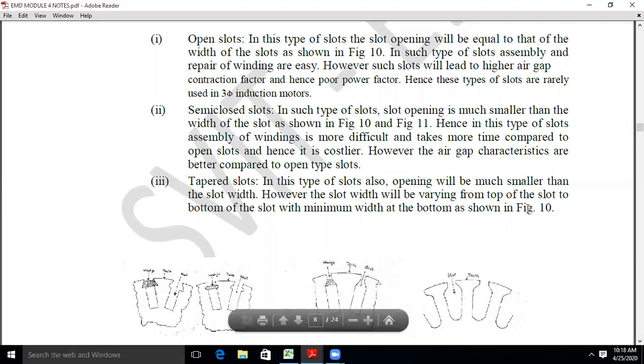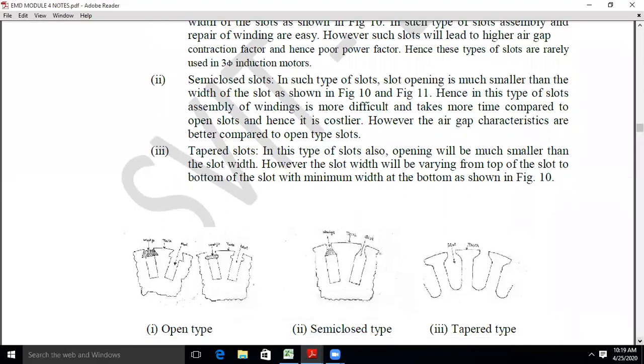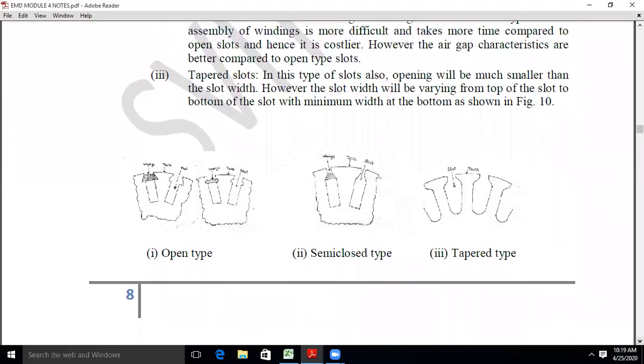However, the slot width will vary from the top of the slot to the bottom of the slot, with minimum width at the bottom, as shown in the figure. So this is regarding the stator slots.